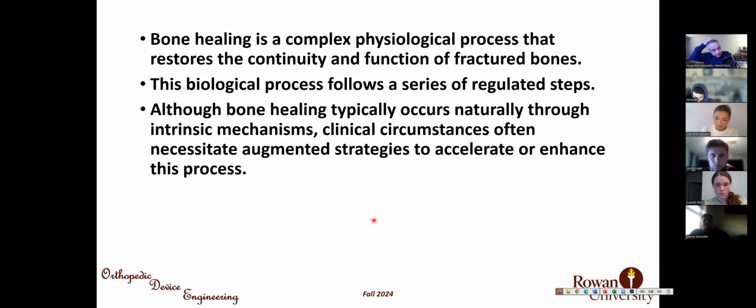Bone healing is a complex process. It has several steps and several forms. Not all bones heal the same. Each type of bone healing has several steps, and it is highly regulated.